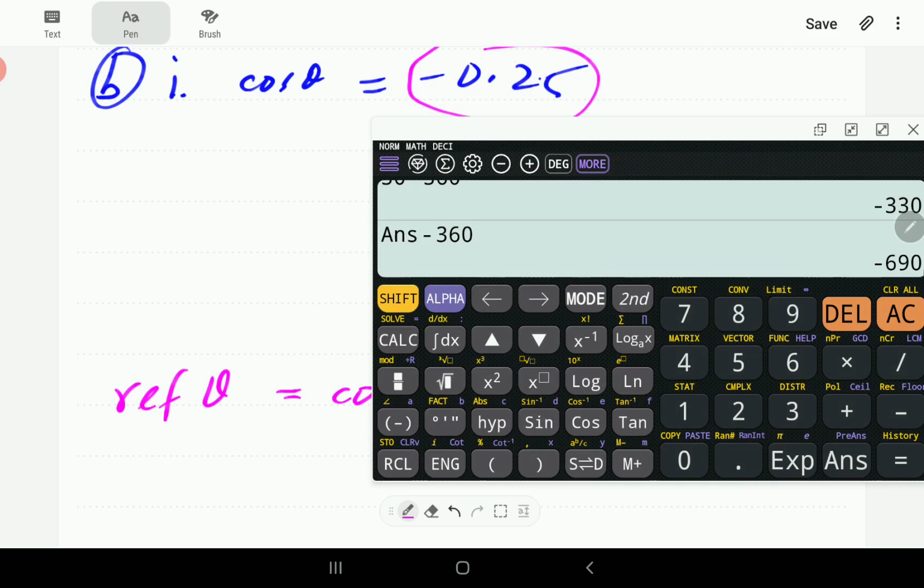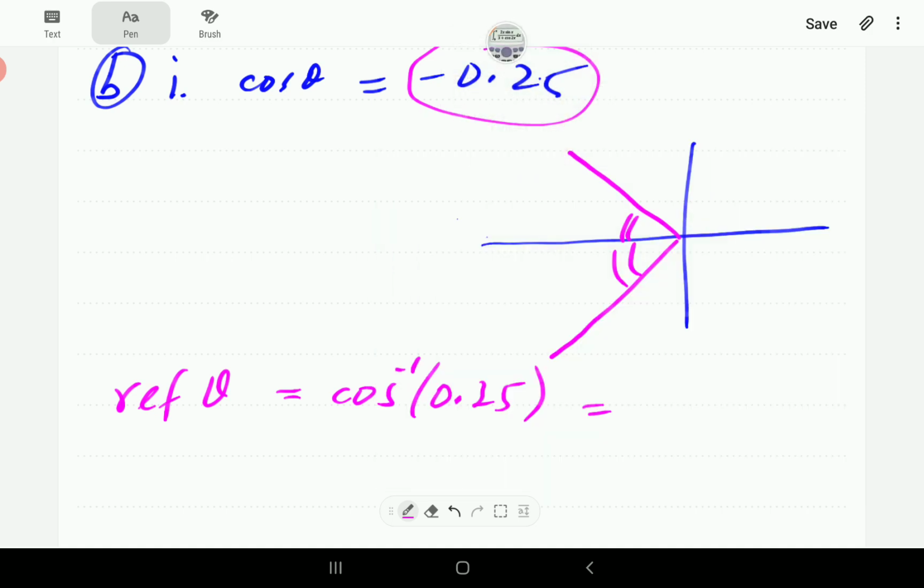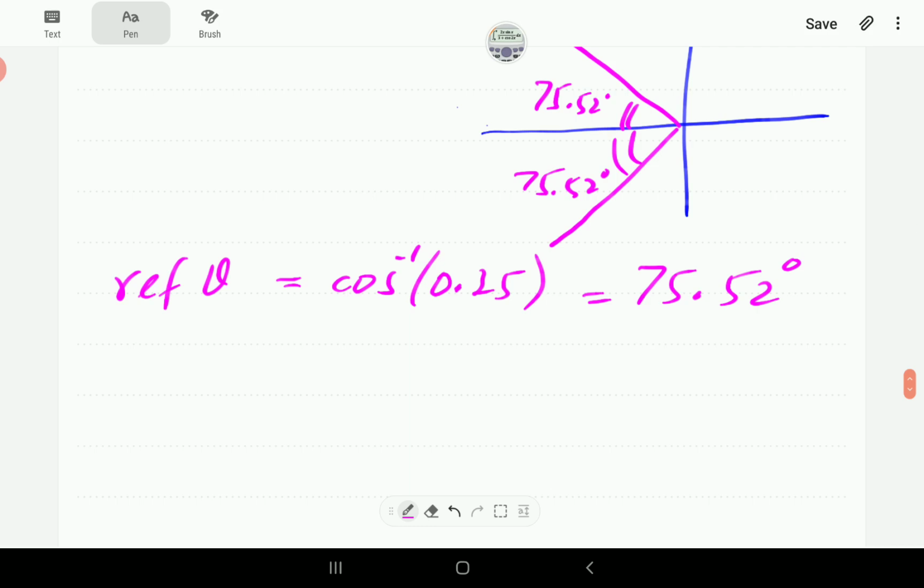We punch that in the calculator: inverse cosine 0.25. That's giving us 75.52. So that's our reference angle. That means we have 75.52 here, and 75.52 there.